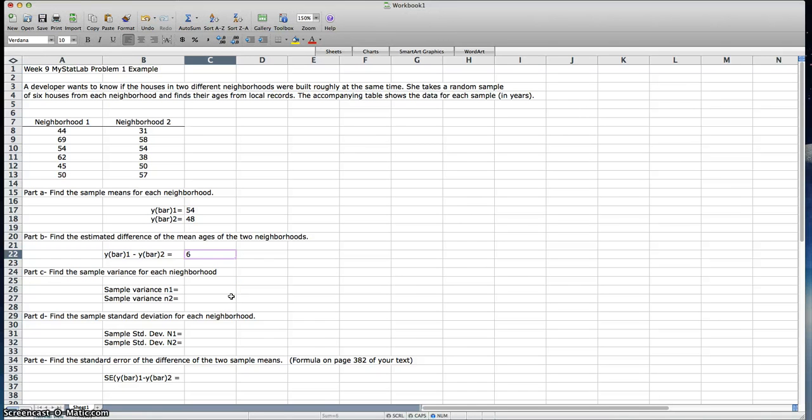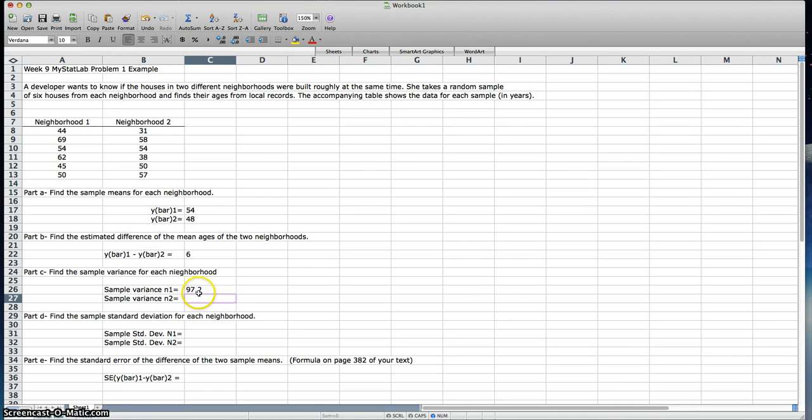Find the sample variance for each neighborhood. Well, here again, Excel will do that for us very easily, so let's let it. So we'll start with our sample variance of neighborhood 1, and we'll just start typing equals and the word variance. And there it is, VAR, variance. And again, we just highlight our data, which is these 6 numbers here, hit enter.